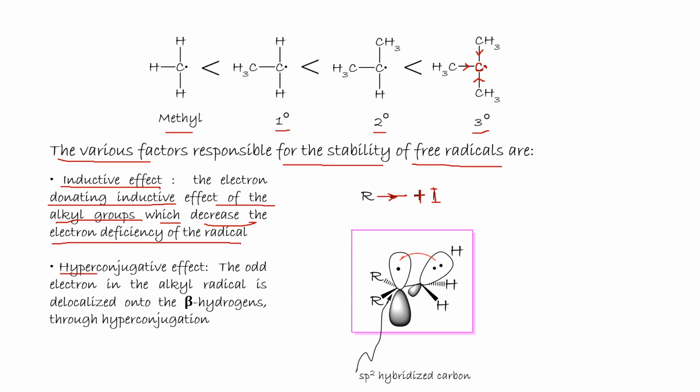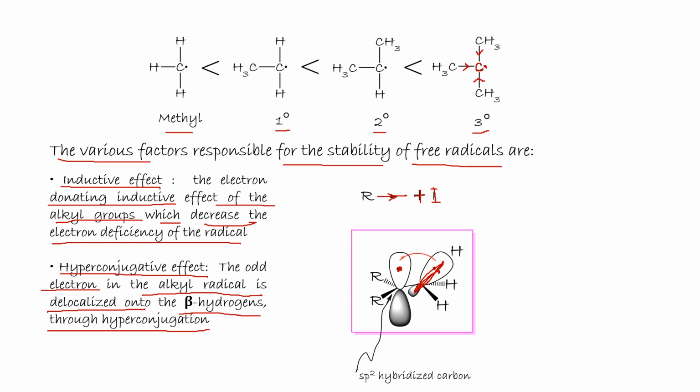Hyperconjugative effect. The odd electron in the alkyl radical is delocalized onto beta hydrogens through hyperconjugation. So this is a beta hydrogen sigma bond, which has 2 electrons, of course.